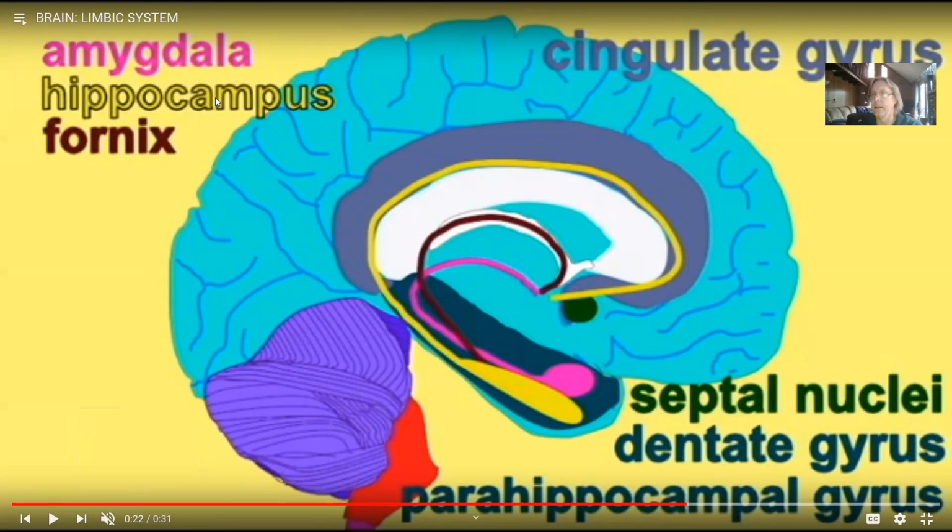If we're asking which areas are consolidating memories and transferring things from, say, short-term memory into long-term memory, it would be the amygdala and hippocampus. That's obvious for a couple of reasons. You're likely to remember the things that get an emotional rise out of you. Something that scares you, you're likely to remember.